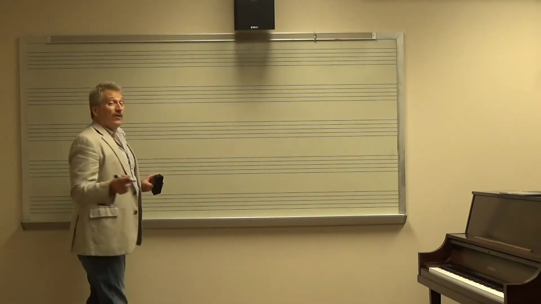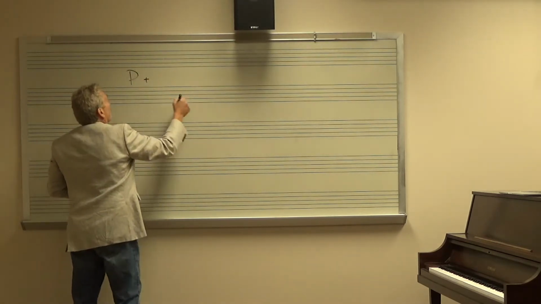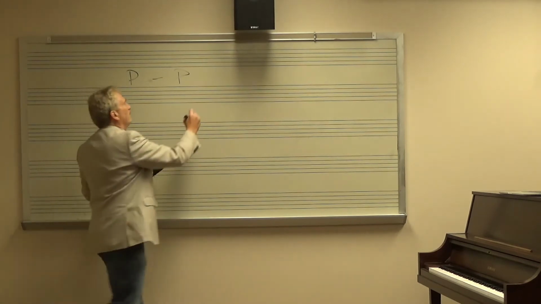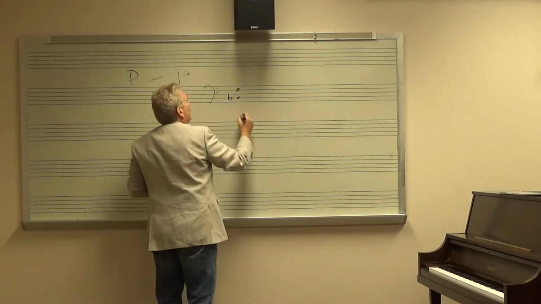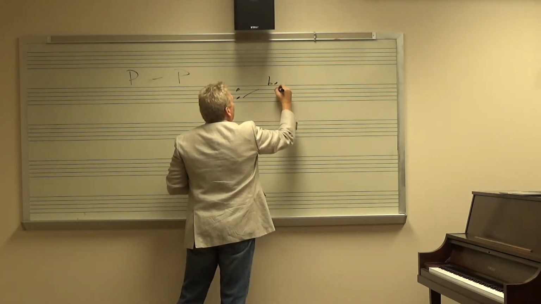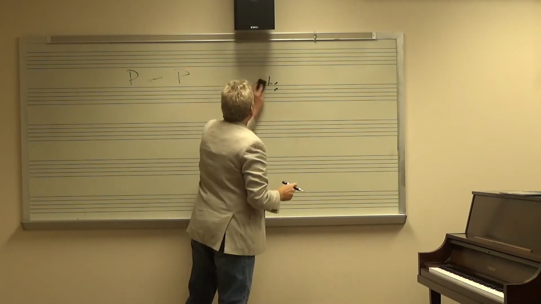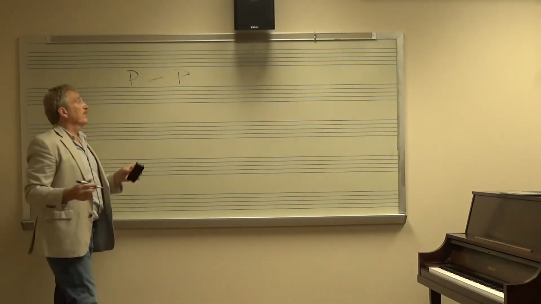Now, the other one is another easy formula. If my interval is perfect, the inversion will automatically be perfect. Check it out. Here we have a perfect fifth. And indeed, that is a perfect fourth. So a perfect interval always inverts to a perfect interval.